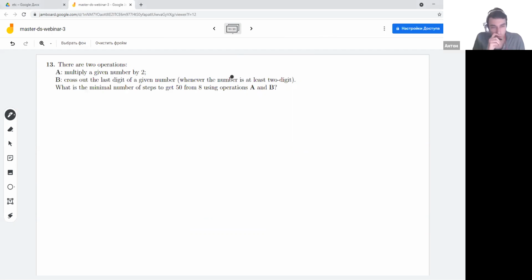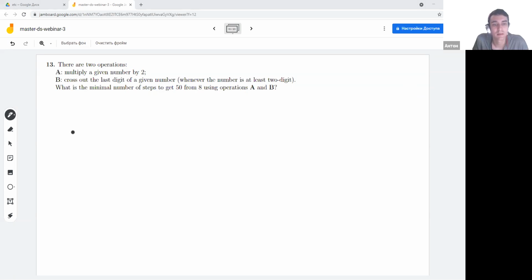So the next problem is problem number 13, which is as follows. This is a question about operations with numbers. We have two operations of dealing with numbers.